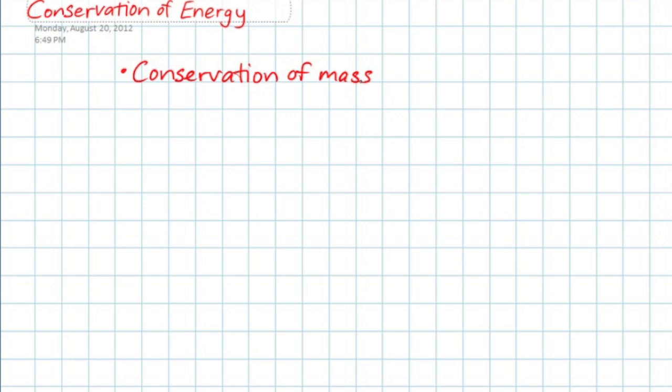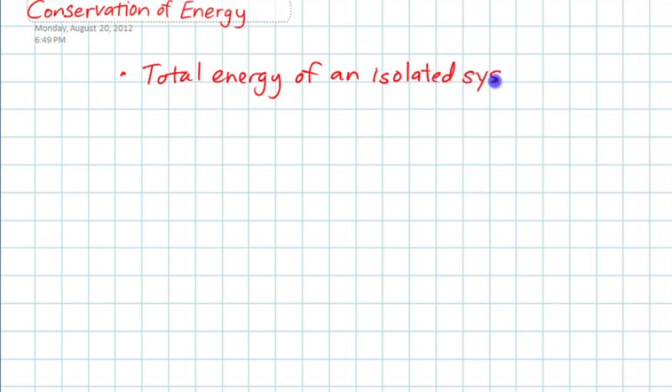Well, conservation of energy is kind of a similar thing, and what we say for it, at least the definition that my book uses, is that the total energy of an isolated system is always conserved.